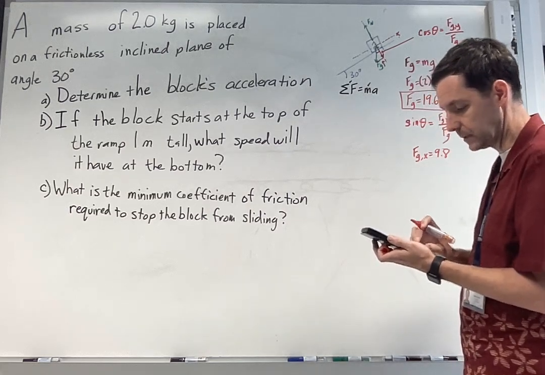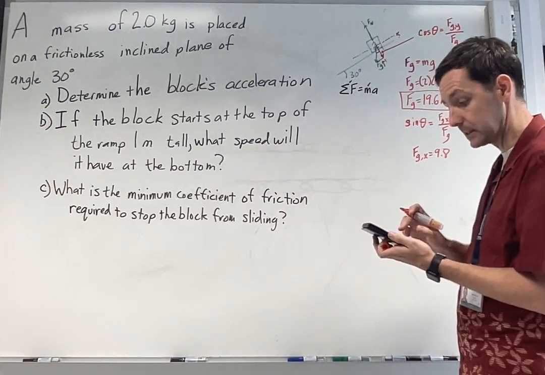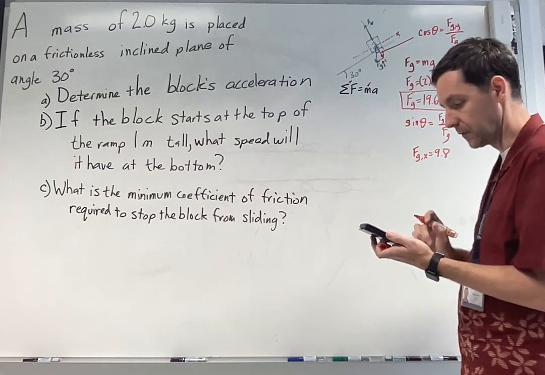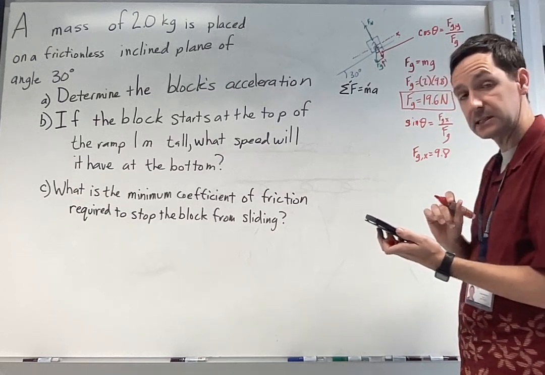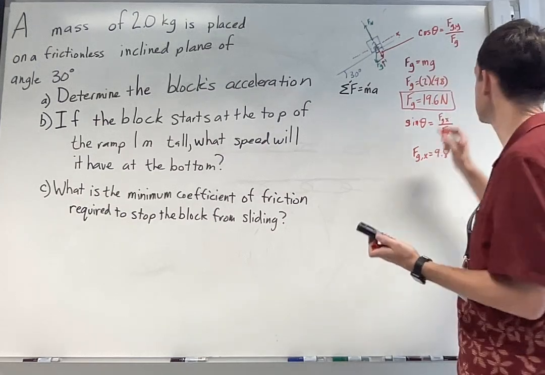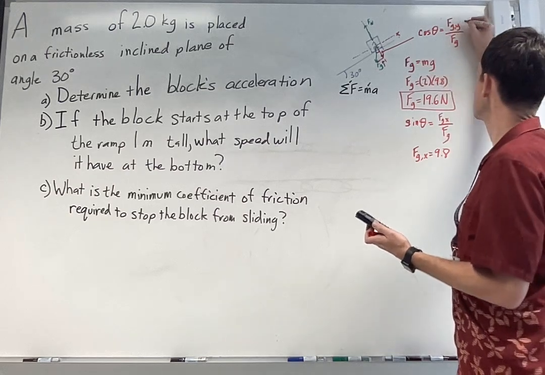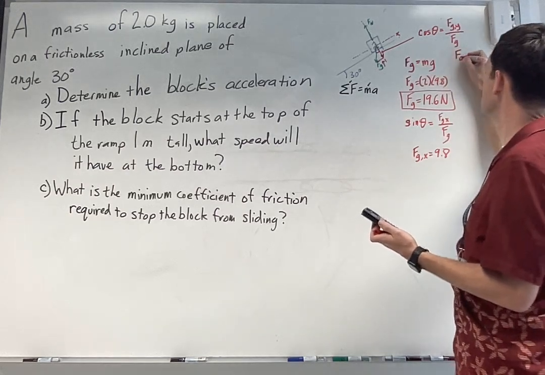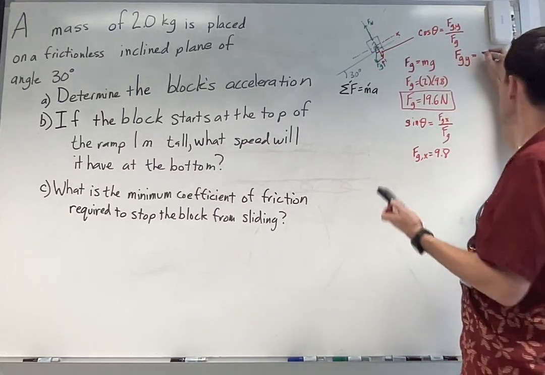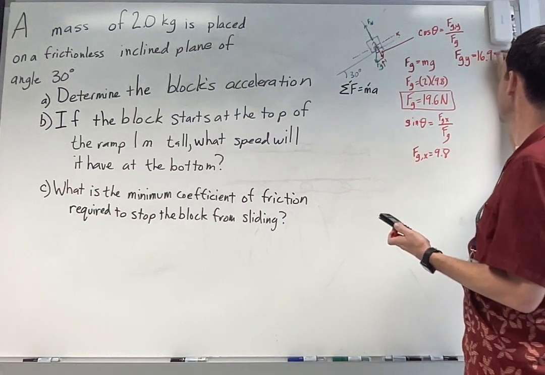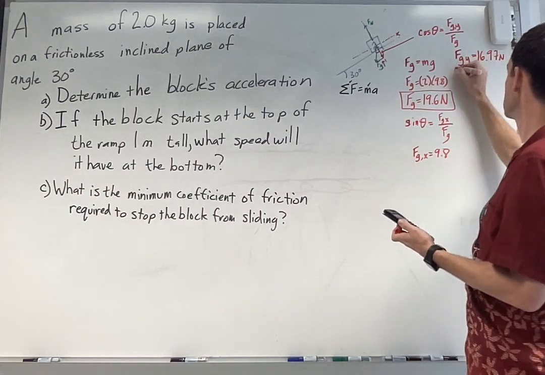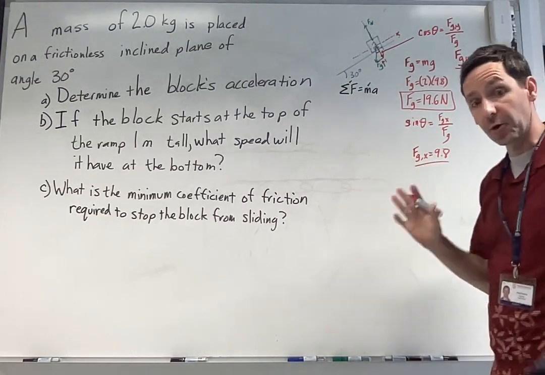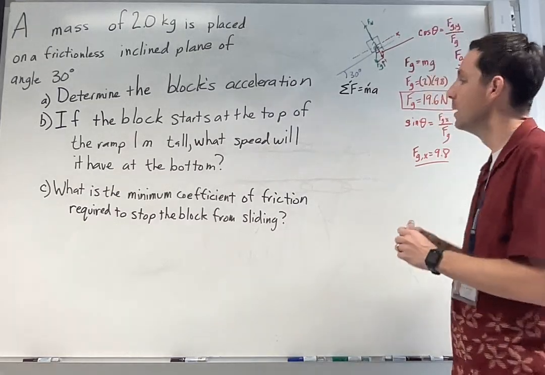So I'll go 19.6 times this time the cosine of 30, which will give me 16.97. So this will then be the FGY equals 16.97 newtons.